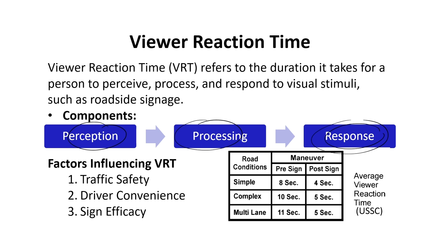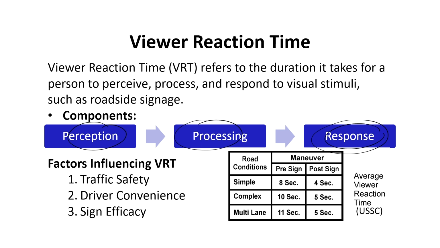Driver's convenience. Viewer reaction time can also be affected by the driver's convenience factor. For example, if a sign is placed at a location that requires drivers to make a sudden or difficult maneuver to read it, their reaction time may increase.